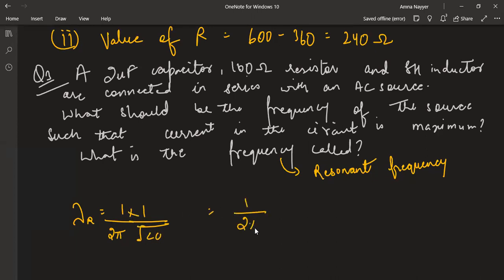Inductance is 8 and capacitance is 2 microfarad, so 2 into 10 to the power minus 6. 8 times 2 is 16, under root 16 is 4.